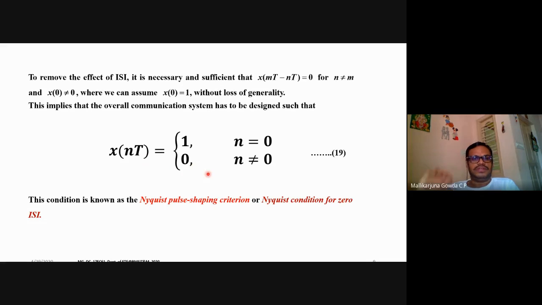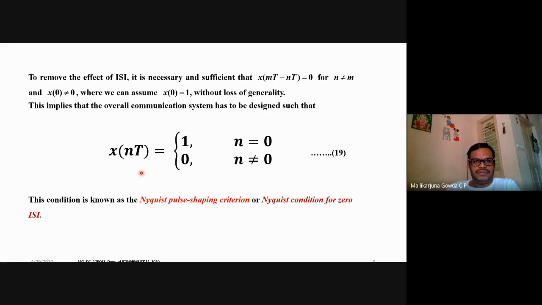I hope you understand this. I said x(t) is the pulse at the receiver side, meaning the output of the receiving filter. We are interested in this pulse.